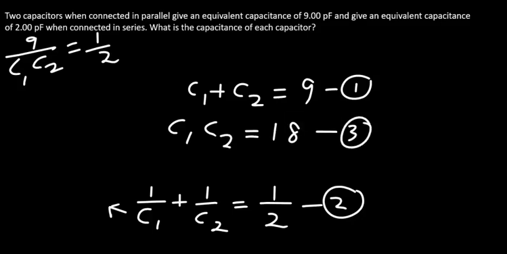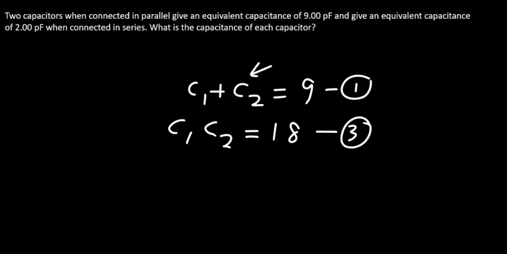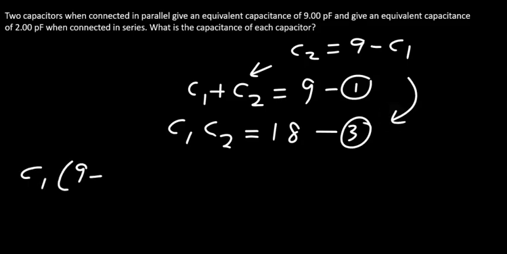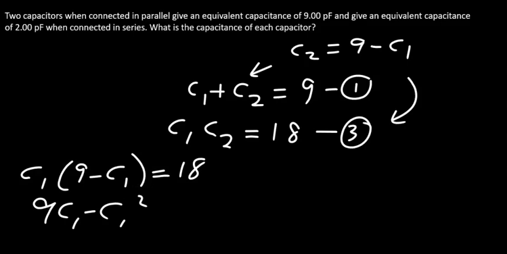Let's call it equation 3. Since C2 can be written as 9 minus C1, and let's put that C2 in here, you get C1 times C2, which is 9 minus C1, equals 18. Or 9C1 minus C1 squared equals 18.